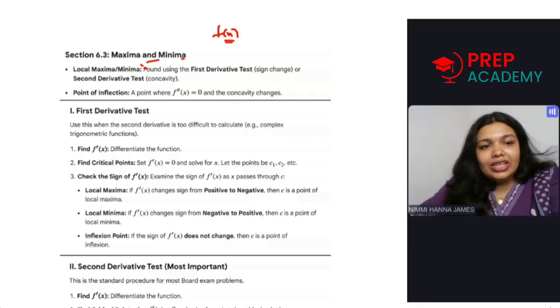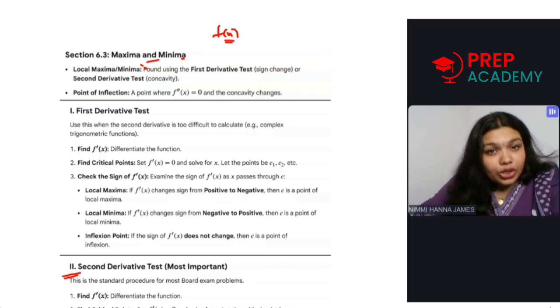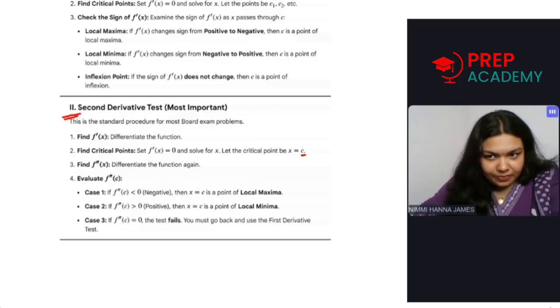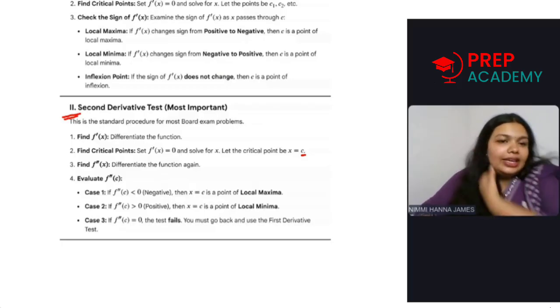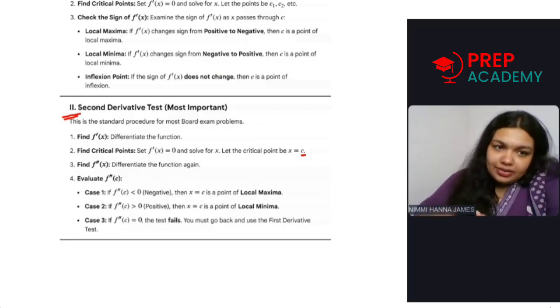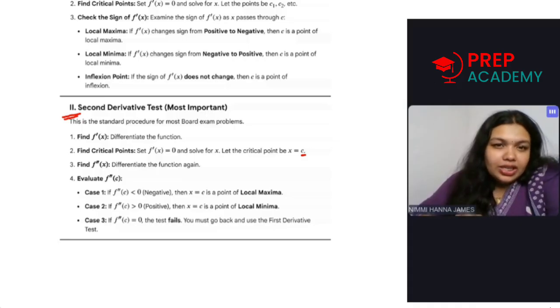The second derivative test for finding that is: first we differentiate the function and find the critical point. How do we find the critical point? Just by equating the first derivative to 0. Now we got the critical point as c. Then we differentiate the function again, since it is a second derivative test and we need two derivatives.